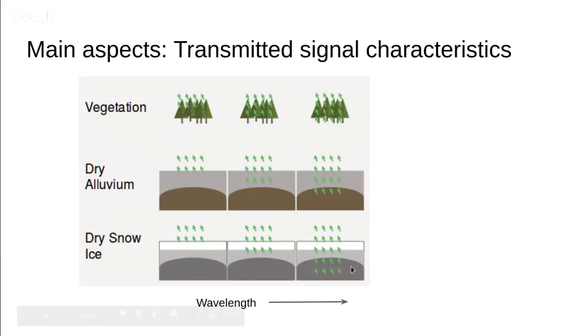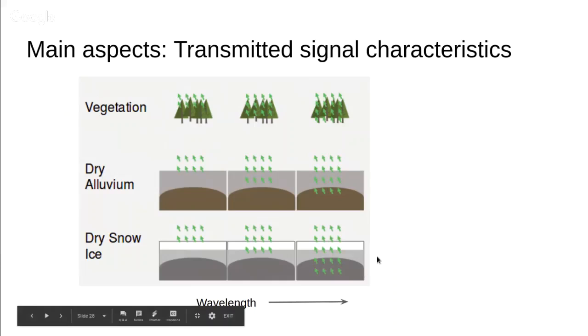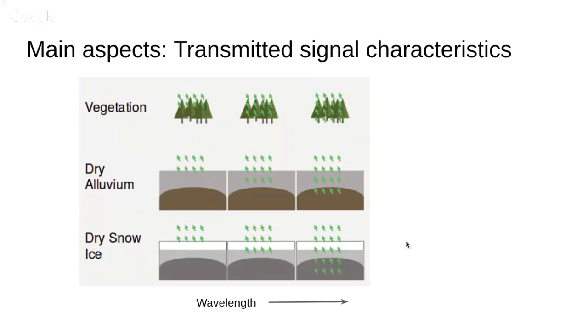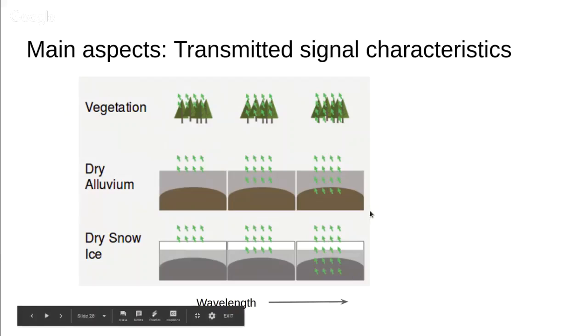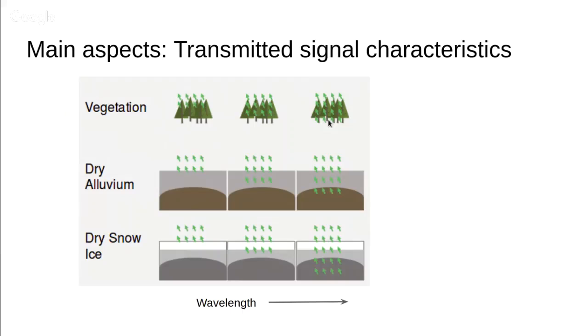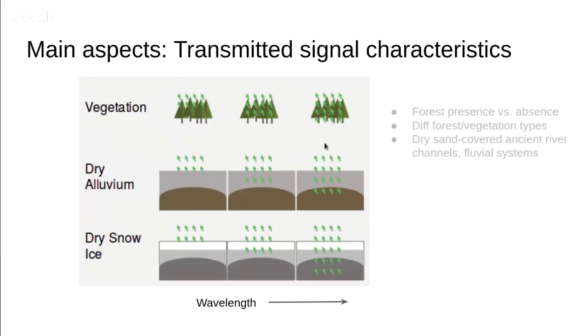So depending on your application, you might use different wavelength radar imagery. It might be whether it is dry snow, alluvium or vegetation characteristics. You might want different wavelengths for different aspects that you are interested in. For example, if you want to just detect forest presence versus absence, you might use one particular wavelength.